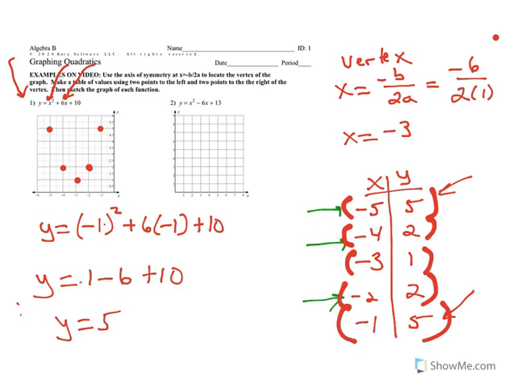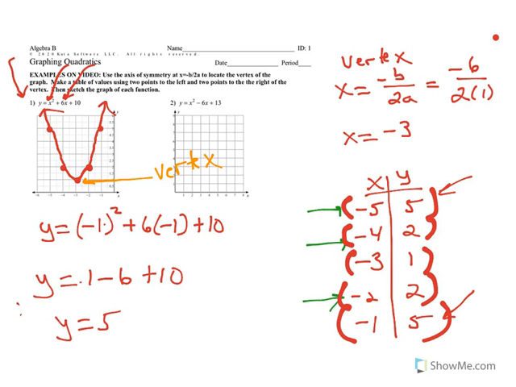So there are your 5 key points, and then you can kind of do your best to sketch in a smooth curve that passes through those points. And that should be the graph of your quadratic. So notice this is the vertex. If you're asked what the vertex is, that's the vertex.